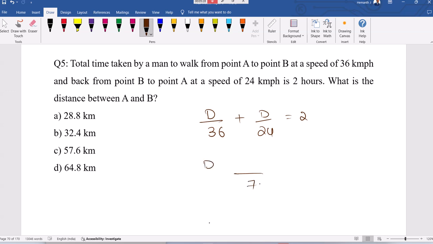So LCM is 72, here 2 plus 3, 144 divided by 5, which is 28.8 kilometers. Time is distance by speed, A to B, then B to A.